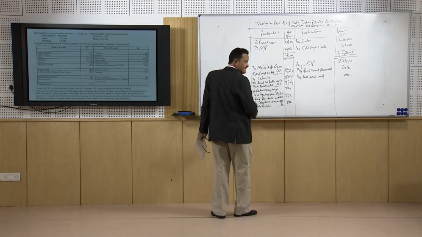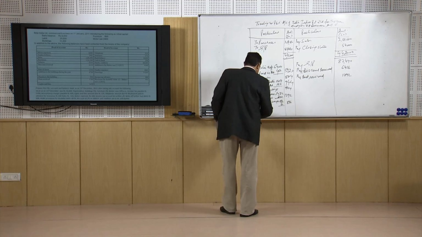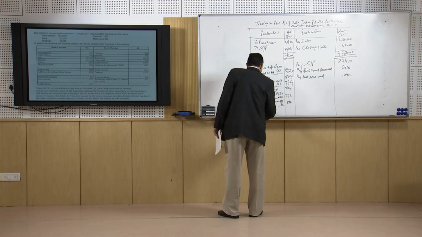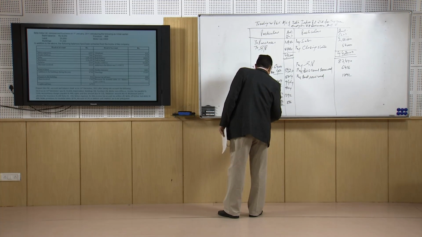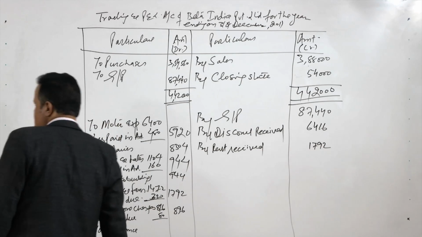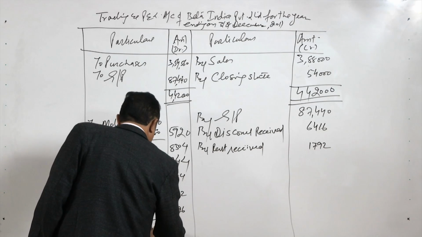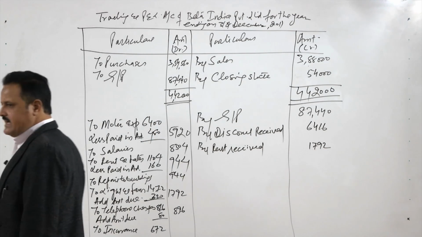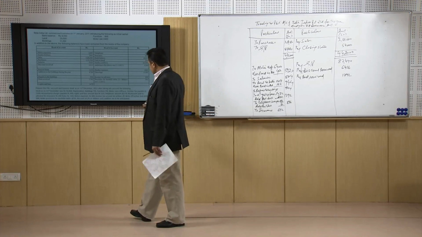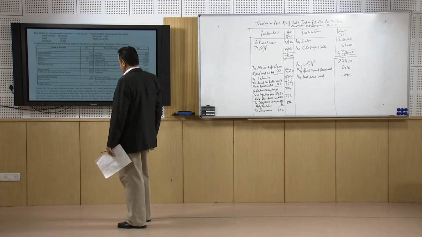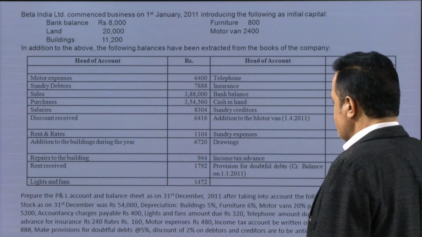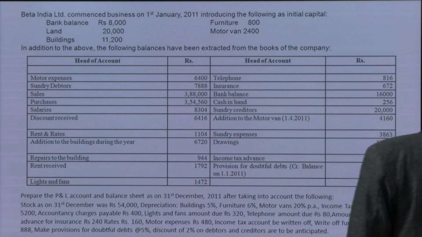Similarly, we take into account the next, that is the insurance. To insurance is 672, and is there anything due here? We will have to check that additional information if it is given, and then we will have to adjust for it. So, the depreciation, income tax, accountancy, lights and fans, telephone amount, yes, amount paid in advance, first item is insurance, that is 240.